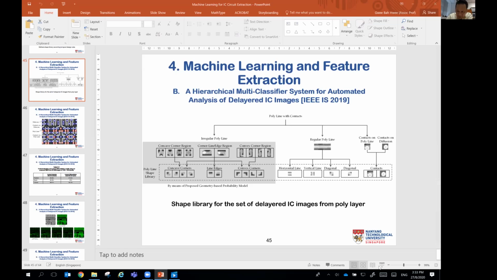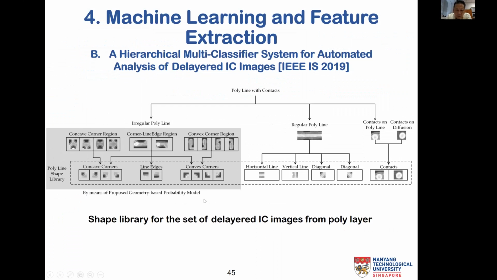Good question. So you look at the synthetic data in here. There are a few ways. One way is you can generate it using the design rule, where you know that your metal line is either horizontal or vertical or diagonal. So you create this data yourself, and then you put it into the training to train the network.